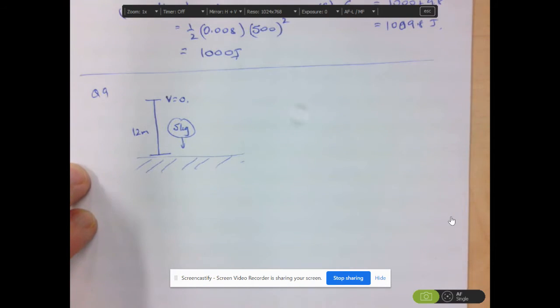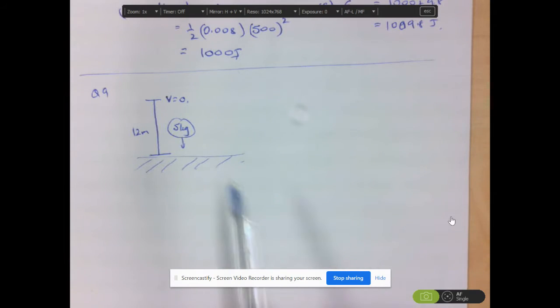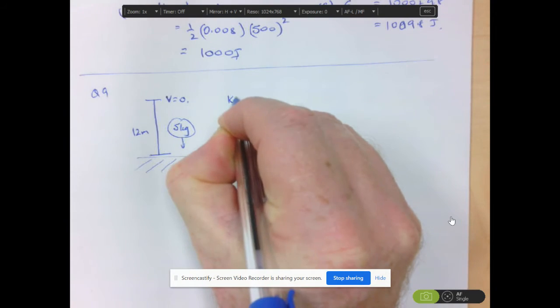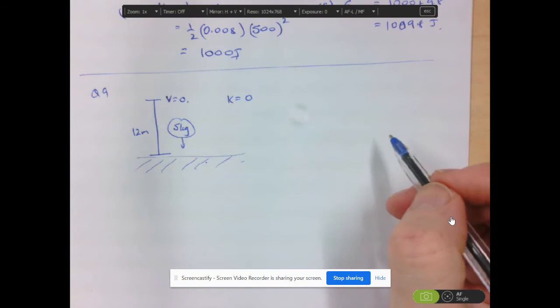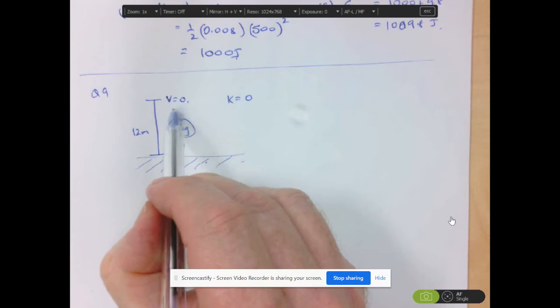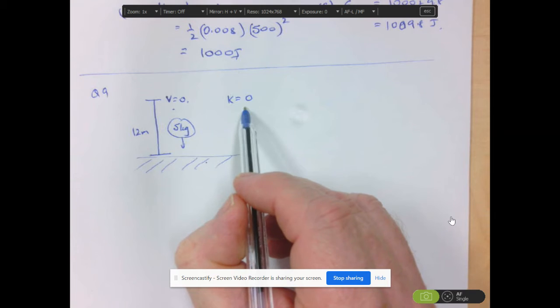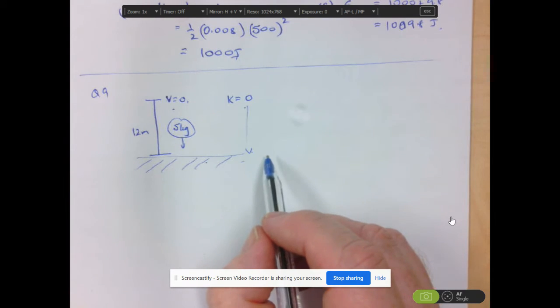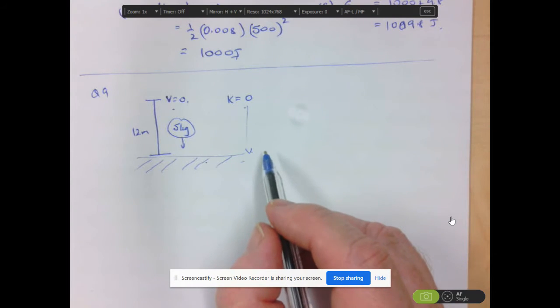Rightio. The first thing is, what is the kinetic energy as it strikes the floor? Well, at the top up here, the kinetic energy equals 0 because it is stationary. If my velocity equals 0, I have no kinetic energy. So as it goes down here, it's going to gain kinetic energy. And where's that kinetic energy going to come from?